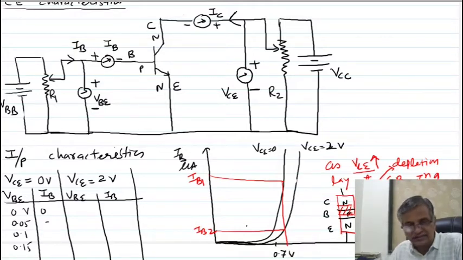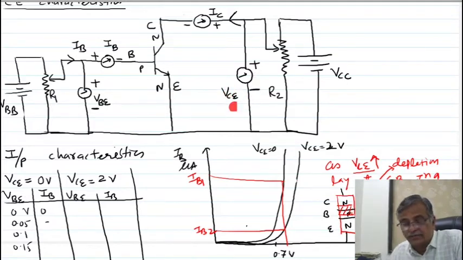Now I am discussing how to take the output characteristics. First step, keep the base current constant by adjusting the proper value of the base emitter voltage with the help of rheostat R1.